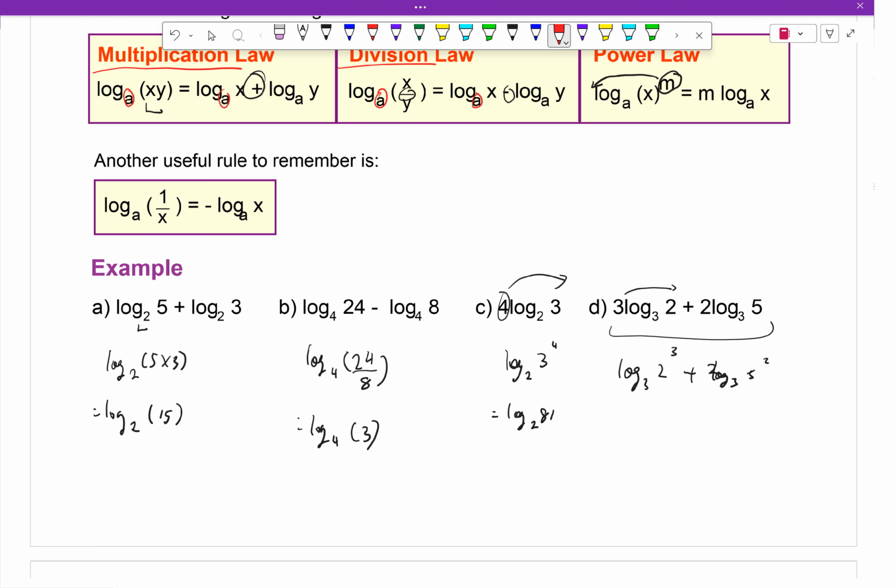Now because they no longer have a constant in front, we can use the multiplication versus division law. So in this case, it would be log base 3 of 8 times 25, which is the same as log base 3 of 160. Oh, am I doing it wrong? Yeah, it's not 160, it should be 200.